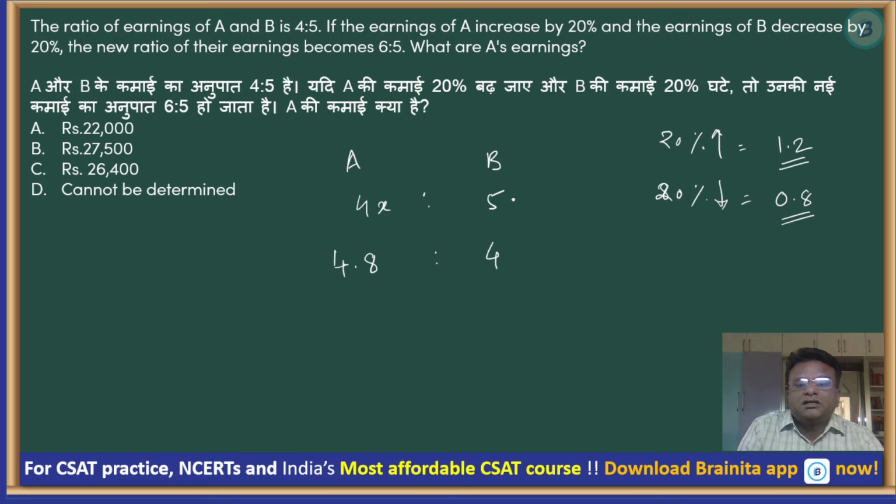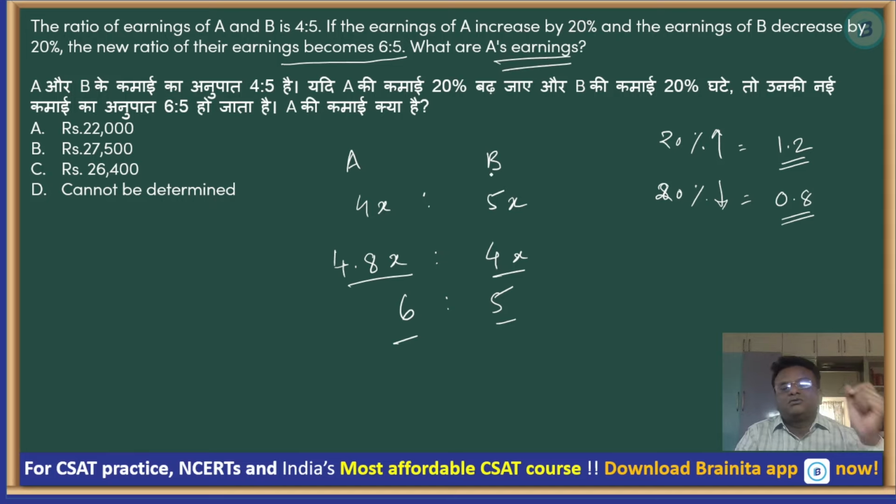Let us say their earnings were 4x and 5x. Now they become 4.8x and 4x. The new ratio of their earnings becomes 6:5, so actually this to this is equal to 6:5. What are A's earnings? Nowhere have we been given either the original earnings, or the total of the earnings, or the new earnings for either A or B or the total.